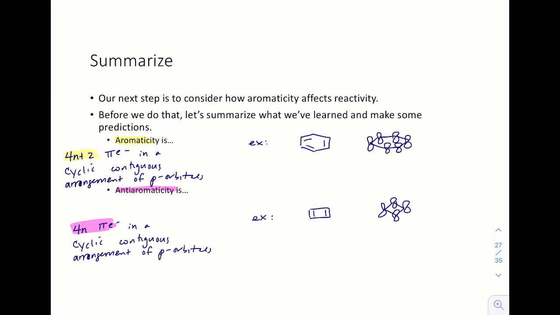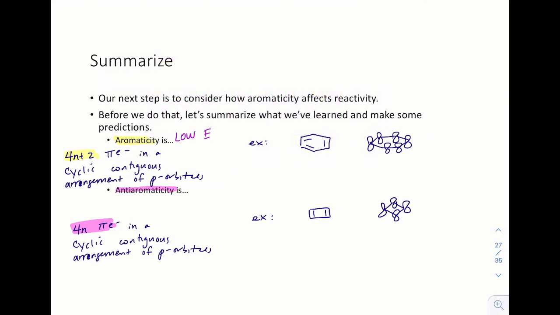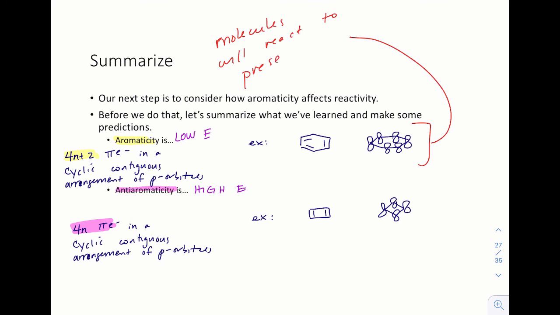So aromaticity, containing 4n+2 pi electrons in a fully cyclic contiguous planar arrangement of p orbitals, is low energy. Anti-aromaticity, containing 4n pi electrons in a cyclic contiguous arrangement of p orbitals, is high energy. That's what's meant by stable and unstable. Thus, we can predict that molecules will react to preserve or generate aromaticity.